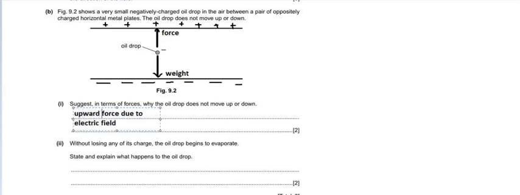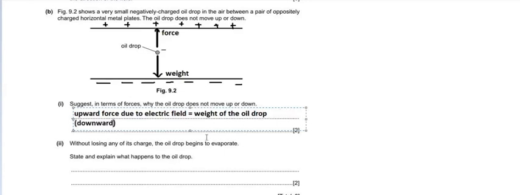So the force due to electric field in the upward direction is equal to the weight of the oil drop, because that is naturally acting in the downward direction, which I can write in the bracket.